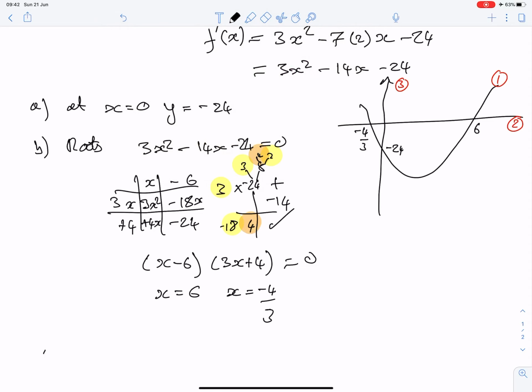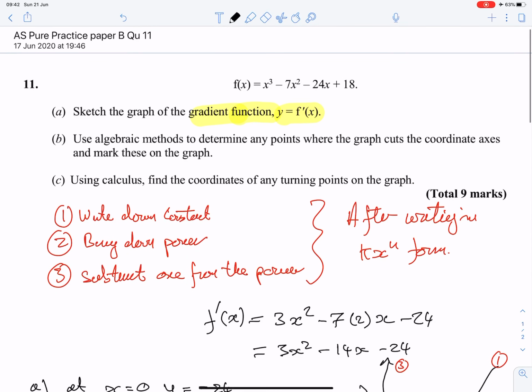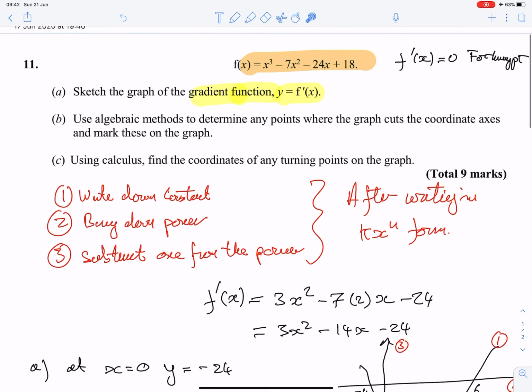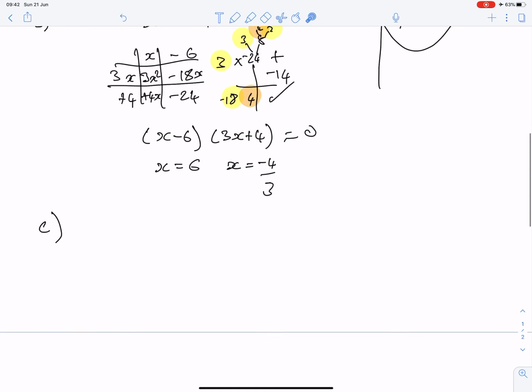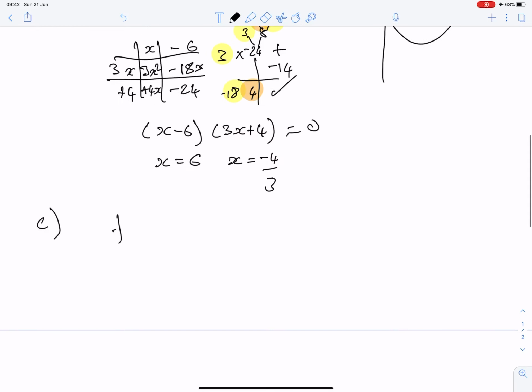So unusually, it's not when f dash of x equals 0. If we'd sketched f of x, then we would need f dash of x equal to 0 for the turning point. But we weren't asked to sketch this. We've been asked to sketch f dash of x. So to find the turning point of f dash of x, we've got to differentiate and find where that has a gradient of 0. So we need f double dash of x equal to 0.